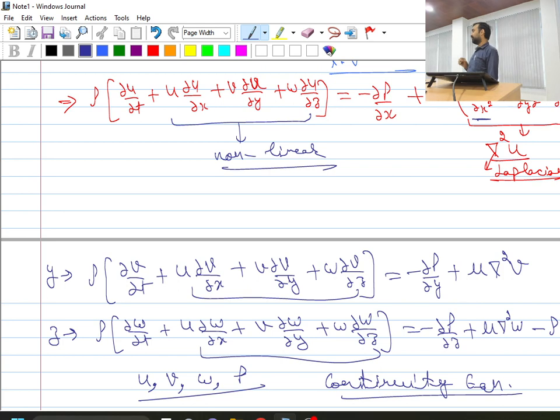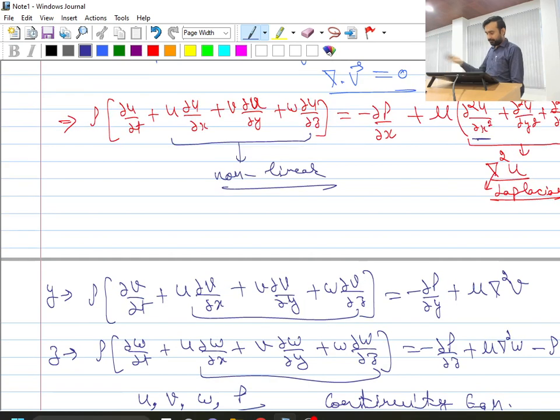So the first assumption invoked is Newtonian, the second is incompressible. So these are applicable only for Newtonian fluids and incompressible flow. Mostly in this particular course we will be dealing with these two types of fluids only. Is this point clear?